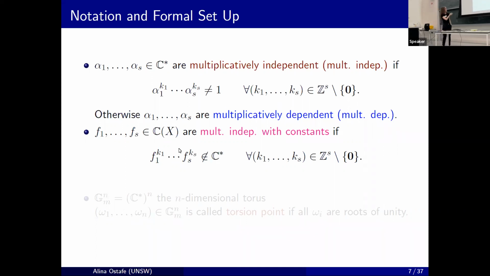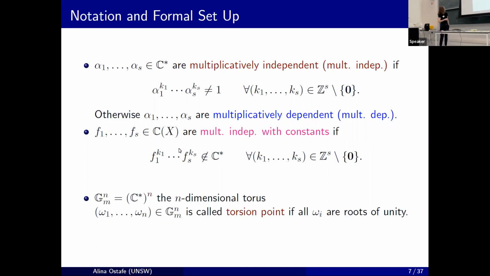And this means again that for any non-zero integer vector, no such product of powers of the rational functions is a constant in this case, or if it's modulo set S, is not in the set S. And G_m^n is the n-dimensional torus, so we take n-dimensional tuples of complex numbers where we do not allow zero components. And as I mentioned, torsion point means here in this talk that the coordinates are all roots of unity.